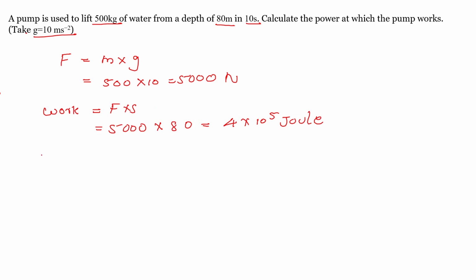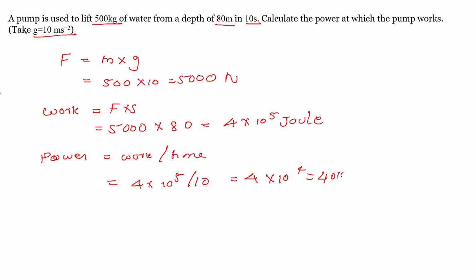Okay, now power you can write as work divided by time. So it will be 4 times 10 to the power 5 divided by time 10, that will be 4 times 10 to the power 4, it will be 40 kilowatt. So this will be the answer. It's a simple question. You have to know the very basic formulas that you learned in plus 2 and all, but it will be useful for your course also.